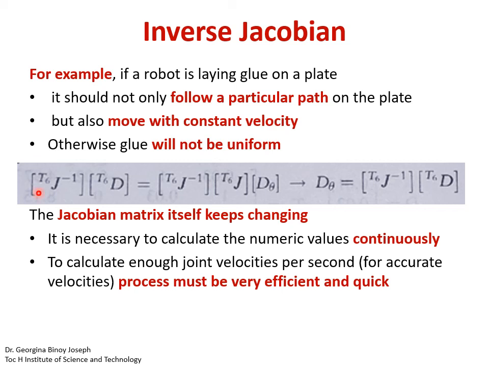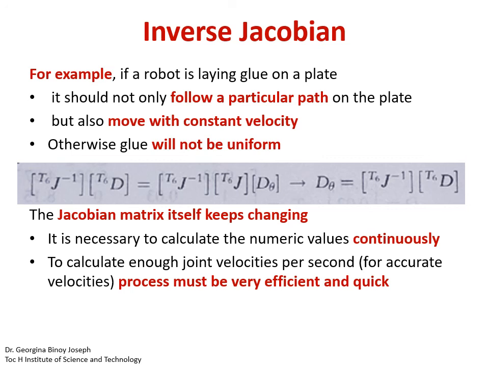In the previous slide we had seen a very simple equation, d theta is equal to J inverse into D. But it is not as simple as we think, because this Jacobian matrix J itself keeps changing continuously as the robot moves. So we have to calculate the numeric values of the Jacobian continuously.